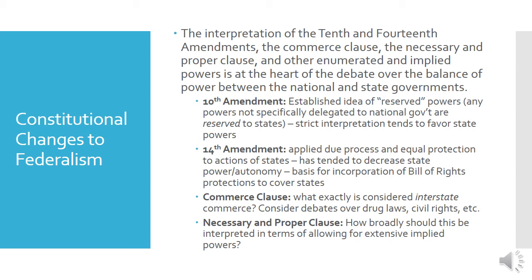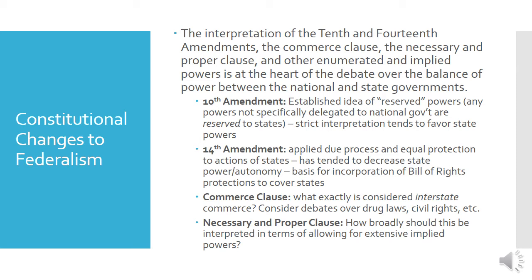One concrete example of this is we've talked about the incorporation doctrine. This is the process by which the Supreme Court uses those 14th Amendment protections of due process and equal protection to take elements of the Bill of Rights and apply them to the states. Remember, before the incorporation doctrine, it was understood that the protections provided by the Bill of Rights only protected you from actions of the federal government.